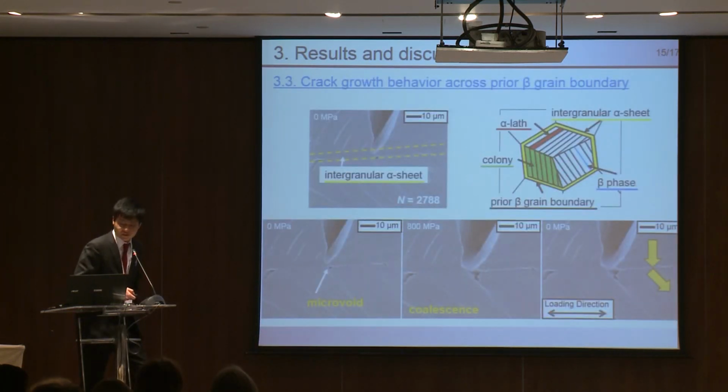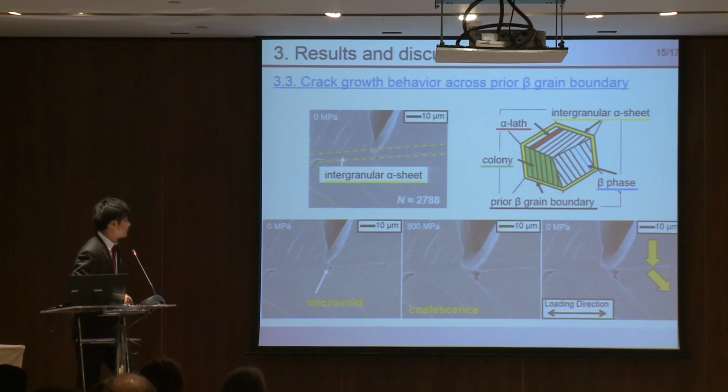Third, I report crack growth behavior across the prior beta grain boundary. These pictures were taken at every 800 megapascal during loading and unloading. And here is the intergranular alpha sheet.